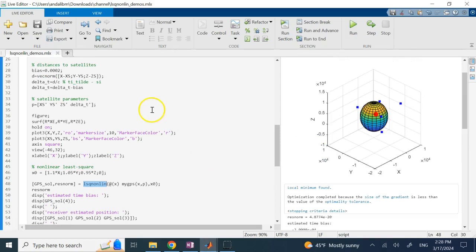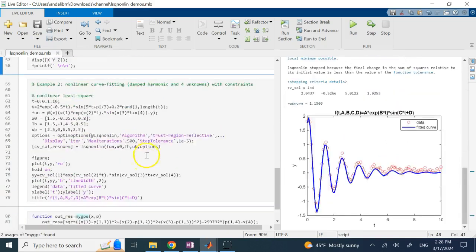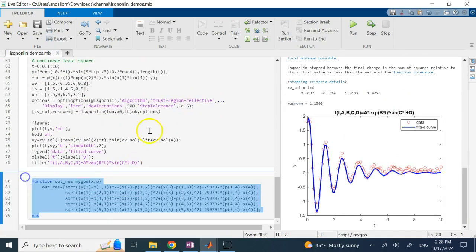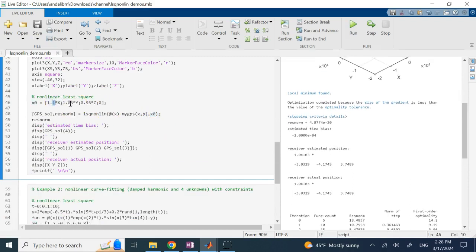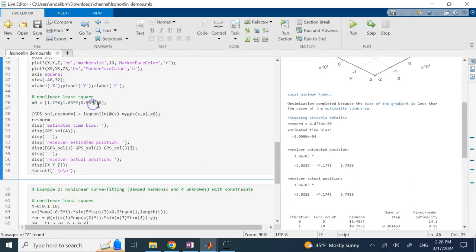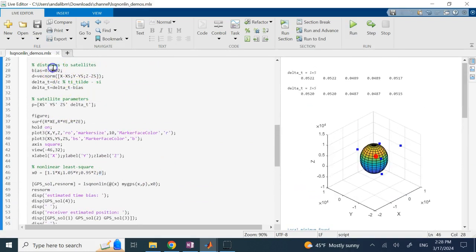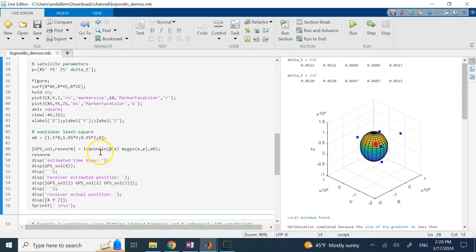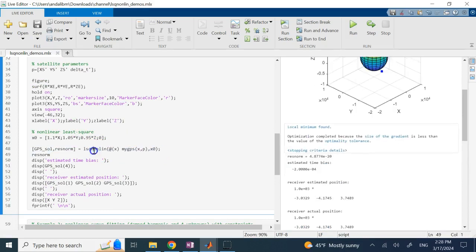And here, if you can see, I call that function my GPS of x of p, which is down here, and I'm using it. I give it some initial guess, which you see is off from my actual xyz, and my bias I assume to be 0 instead of 2 times 10 to the negative 4. And then I pass that x0 in the function to this lsqnonlin.